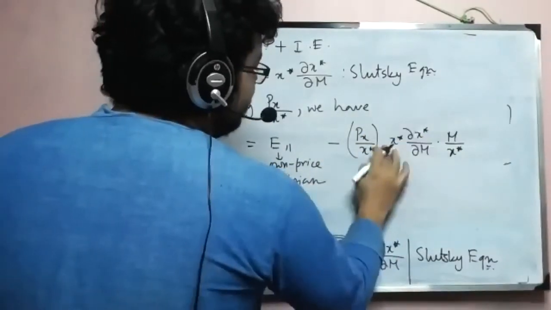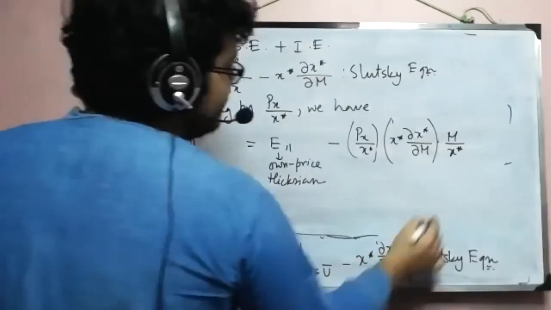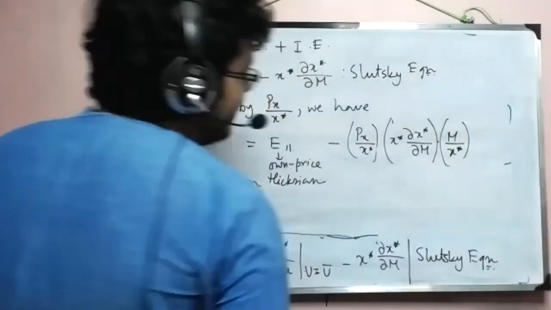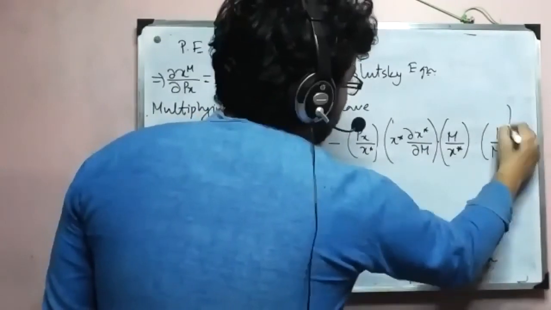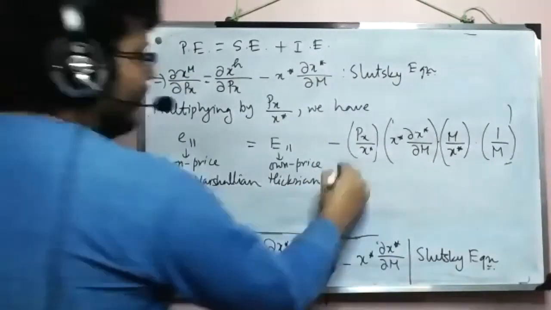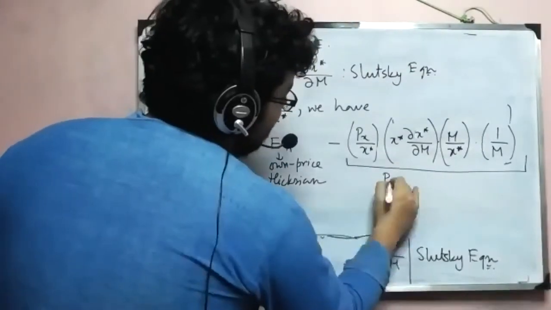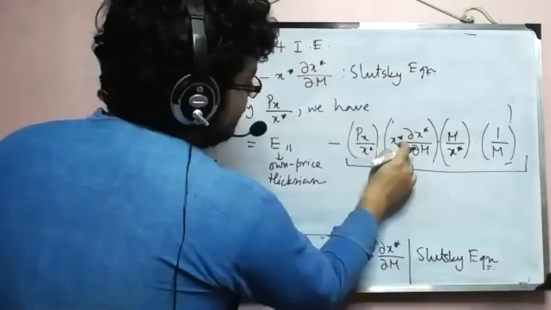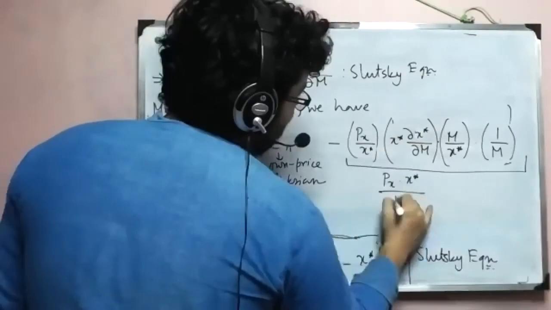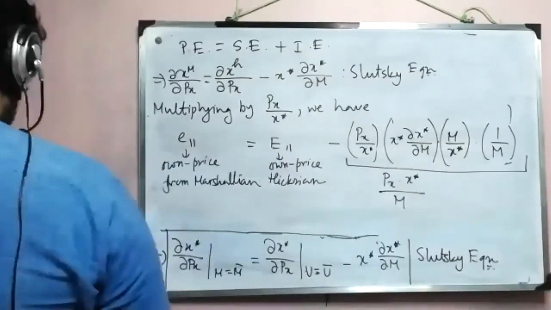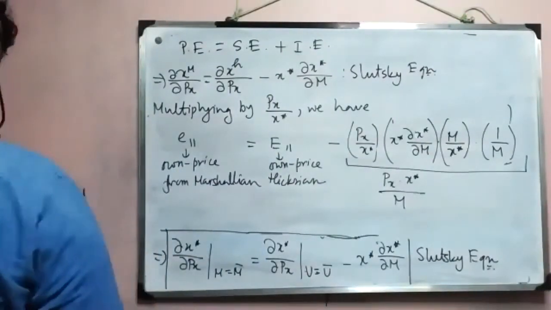Now this is our expression from this Slutsky equation, and we have multiplied m by x star also. Now since we have extra m here, we'll get one m by m here. Okay. Now what is this expression resulting into? We can write this expression like this. So px into this x star by m. Okay. So that's adjusted.